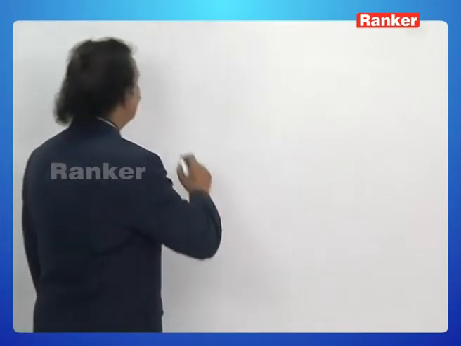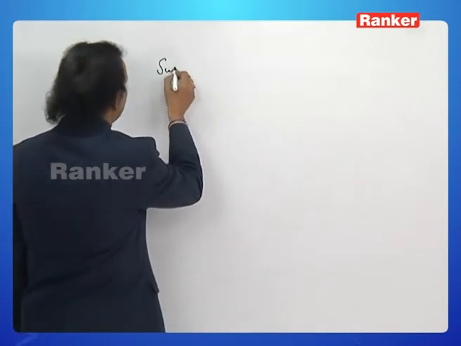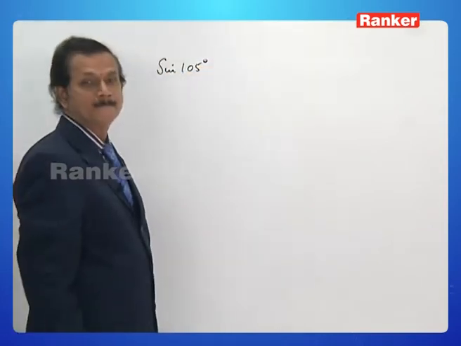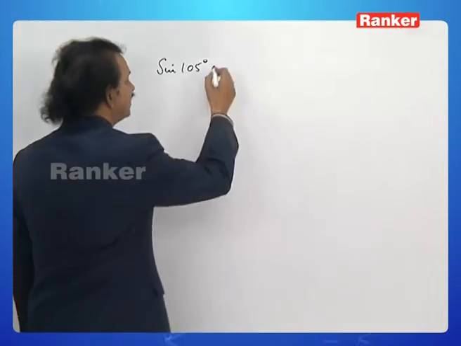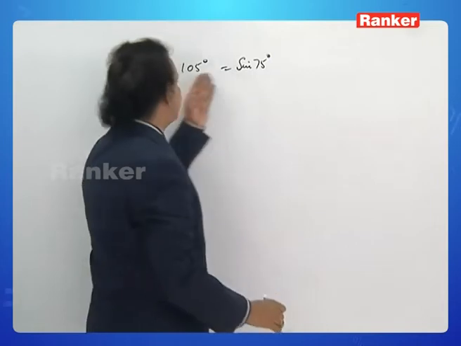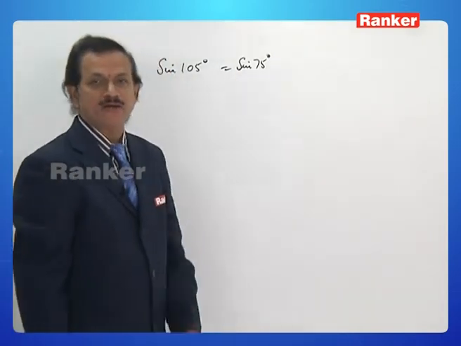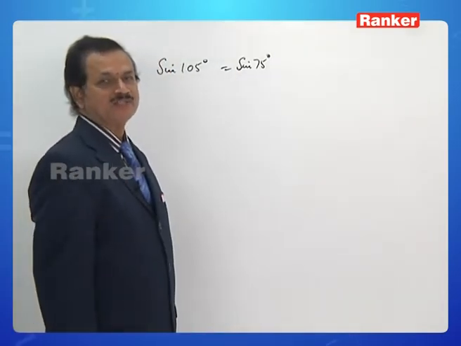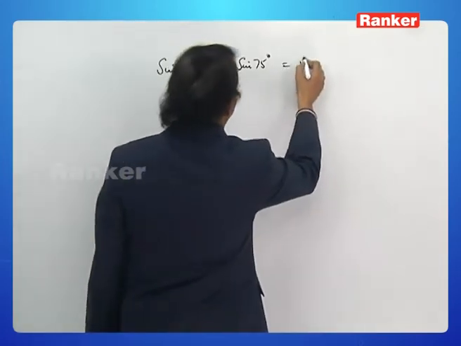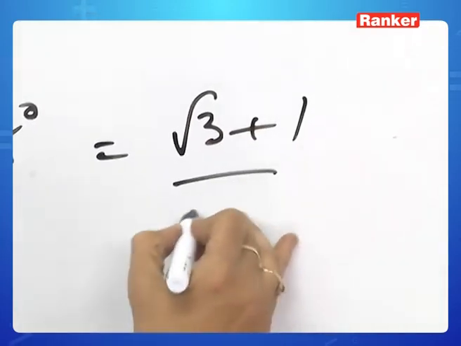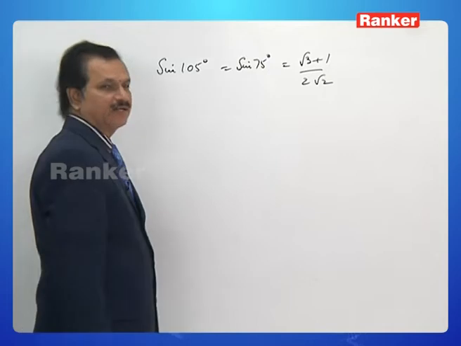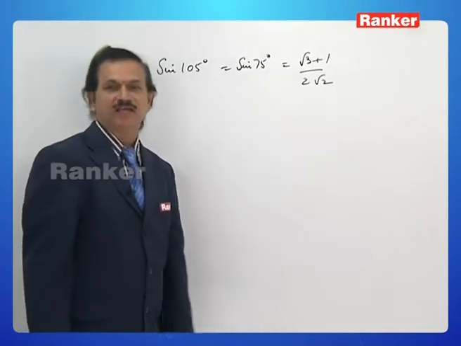Well, I like to have sine 105 degrees. Sine 105 is nothing but sine 75. How? 105 degrees and 75 degrees are supplementary, no? As A and B are supplementary, sine A is equal to sine B. But we know sine 75. What is sine 75? Root 3 plus 1 by 2 root 2. Sine 120, you know, it is sine 60.